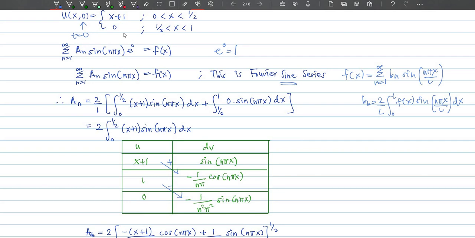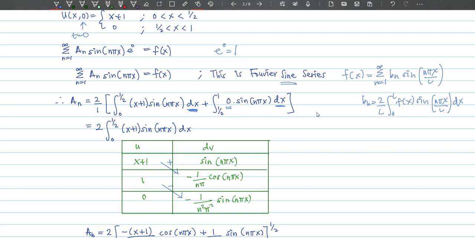Since this is a piecewise function, we need to separate them. So from 0 to half, it will be x plus 1 times sin(nπx), integrate with respect to x. And plus, integrate from half to 1, the function is 0, multiplied with sin(nπx) with respect to x. Remember, it is compulsory to write "with respect to", because when we integrate, we need to integrate with respect to something.